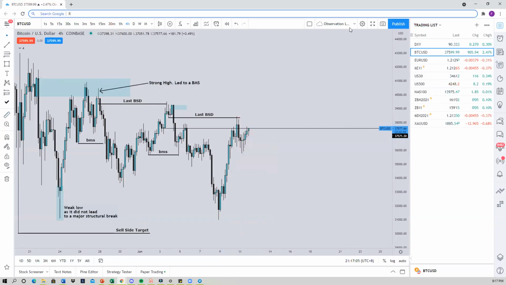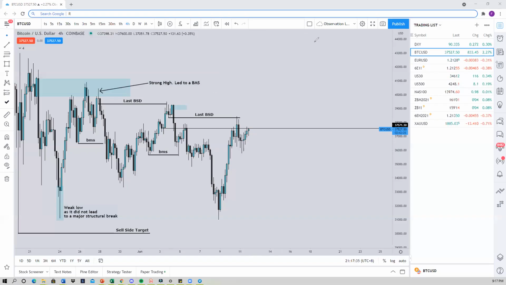So now the point I'm trying to make is, whenever you see market structure that has led to a market structural break, the point of origin will have a very high probability PD array.